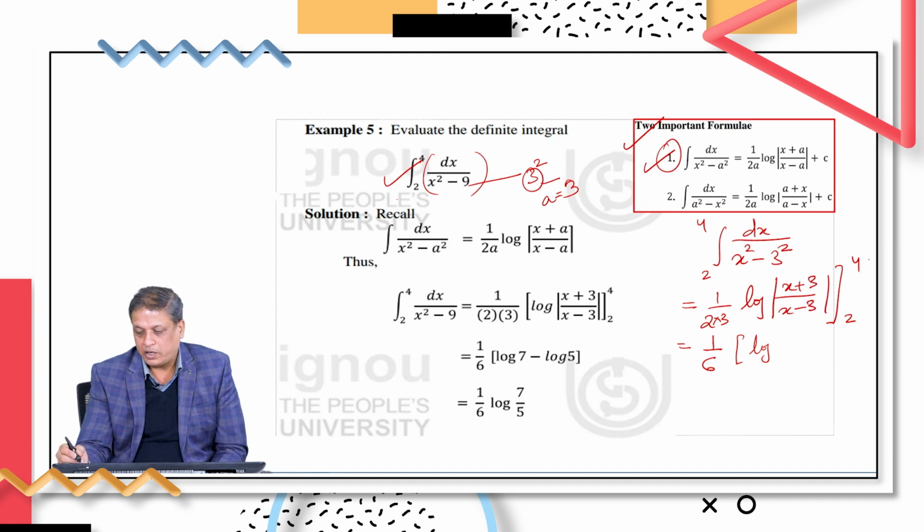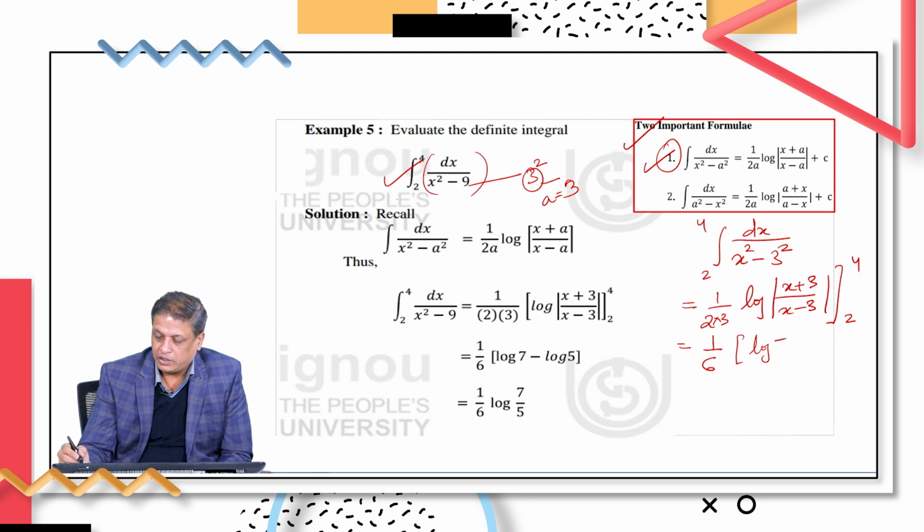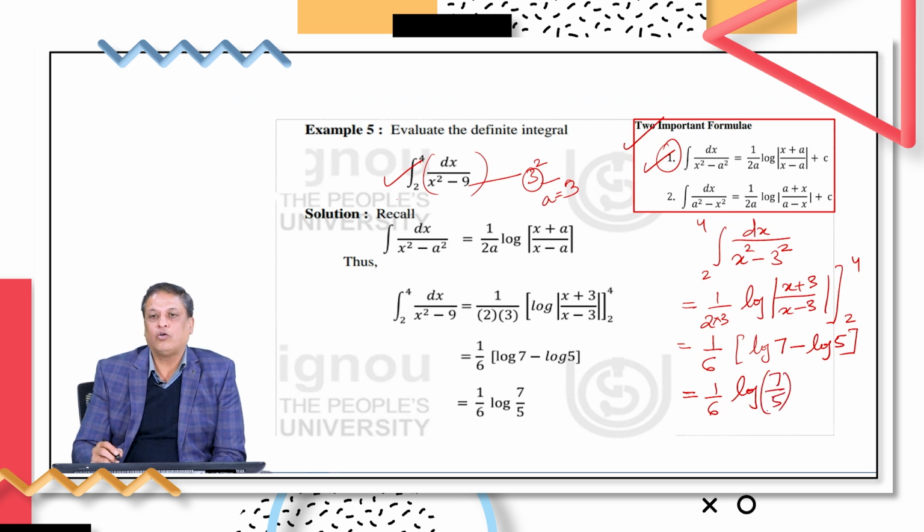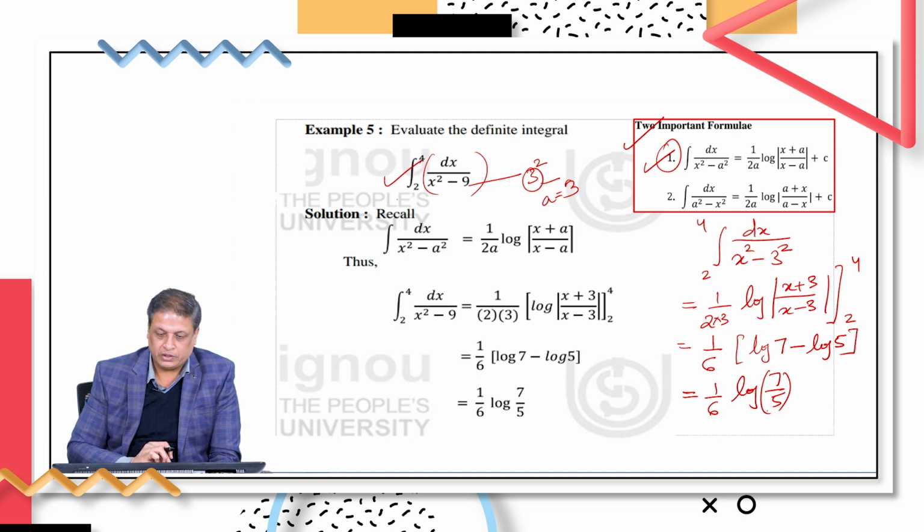So 4 plus 3 is 7 and 4 minus 3 is 1. So this is log 7 minus log 5, as 2 plus 3 is 5 and 2 minus 3 is minus 1. Yes, log of 7 minus log of 5. So this is turning out to be 1 by 6 log of 7 by 5. I hope you understood how we got the value of the function in the defined limit 2 to 4.